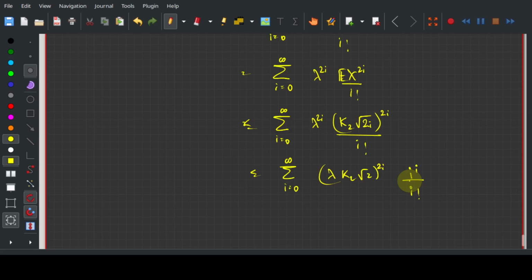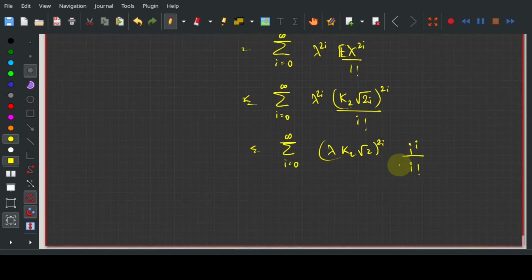What do you mean, Taylor's approximation? Stirling's approximation of i factorial? So that's again less than or equal. I can write that this is less than or equal to summation i equal to 0 to infinity. So i factorial is i raised to the i divided by some constant raised to the i.